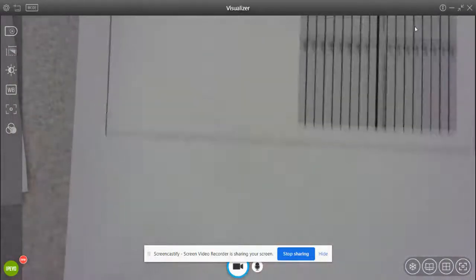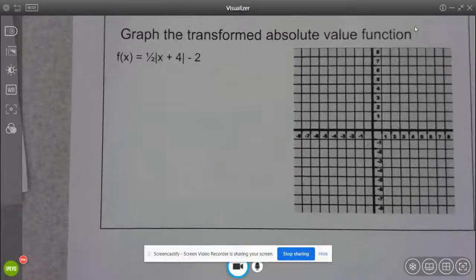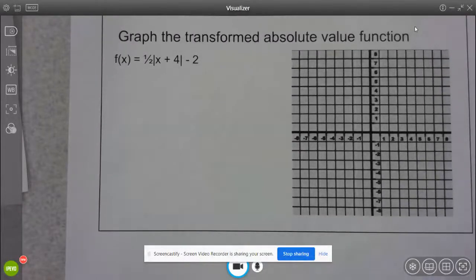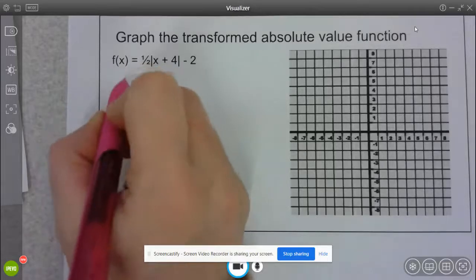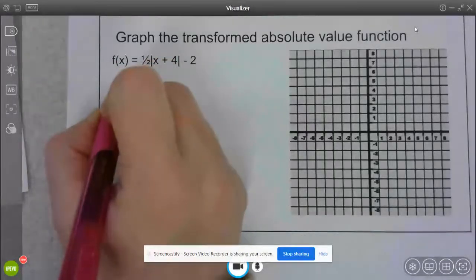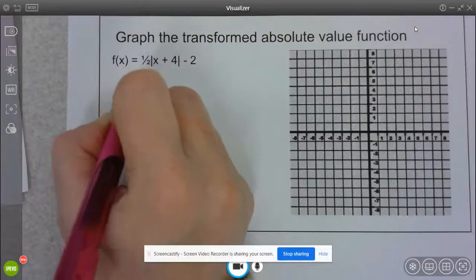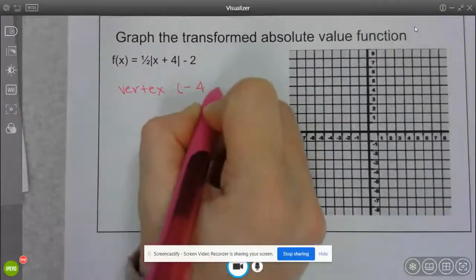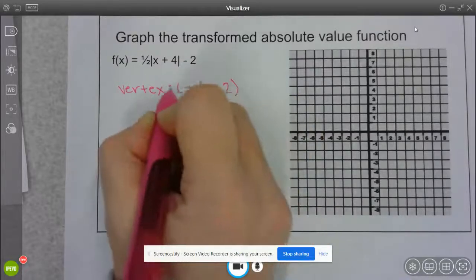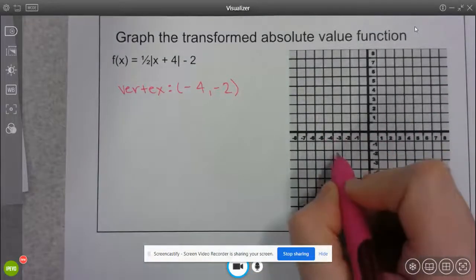One more graphing, and then I'm gonna actually give you one more thing that I forgot to include in the notes that I printed. So this one, I'm going to have a vertex of -4, -2. So let's start with that.